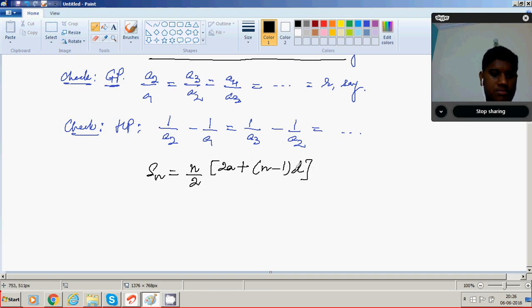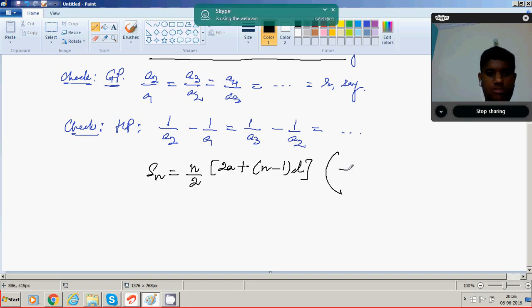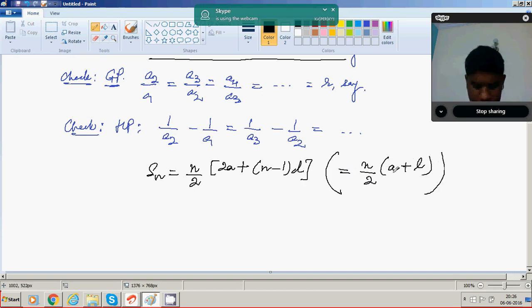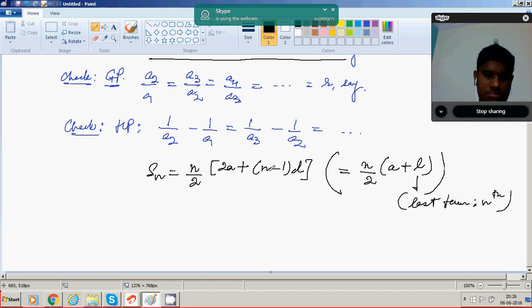And one more comment on the side: you also have to remember the alternative form of this, n over 2 times a plus l, where l is the last term, the nth term. Okay, now go ahead and solve this.